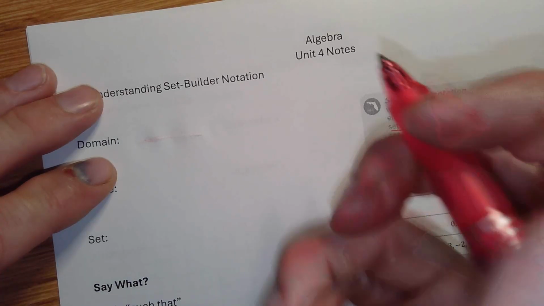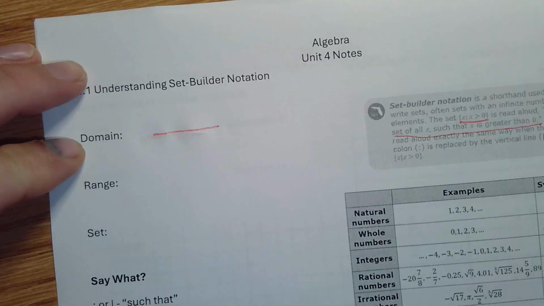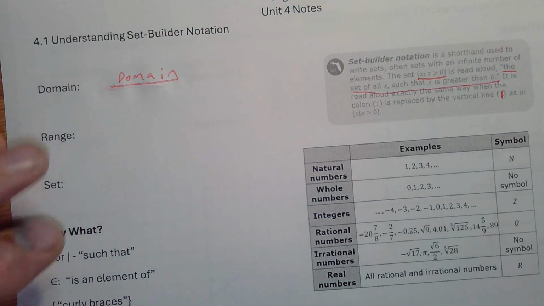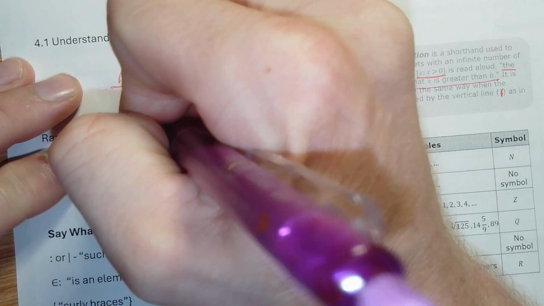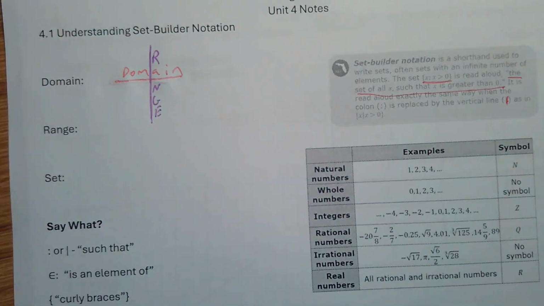But the left and right are x values. And then our range, R-A-N-G-E, our range is the y, or the vertical axis, okay?